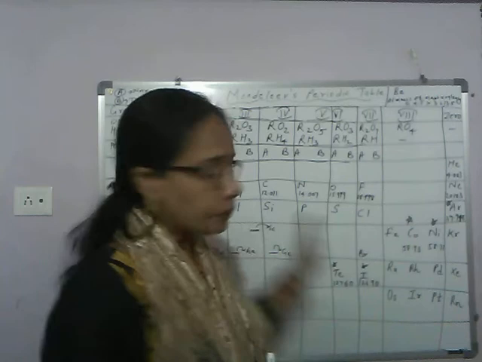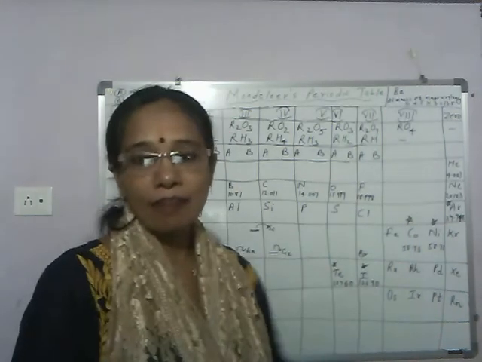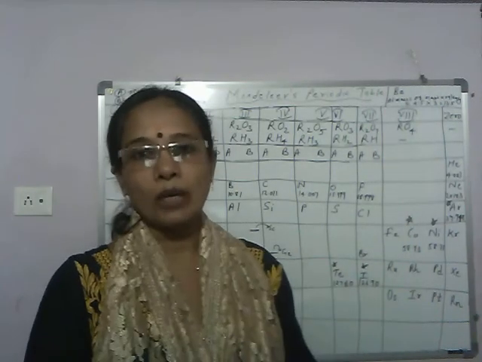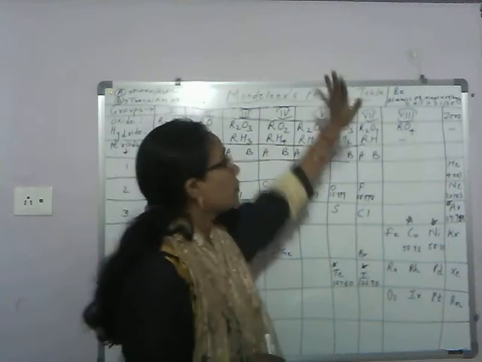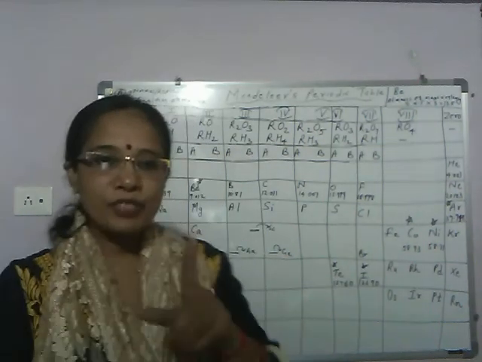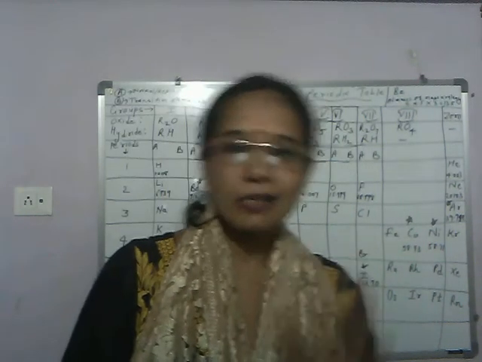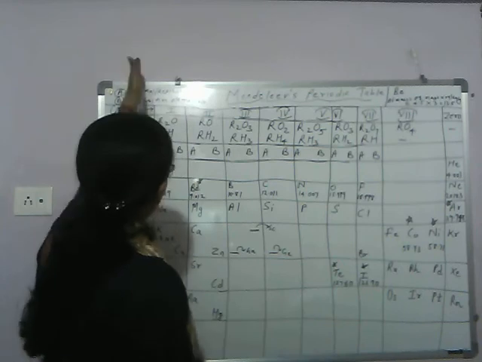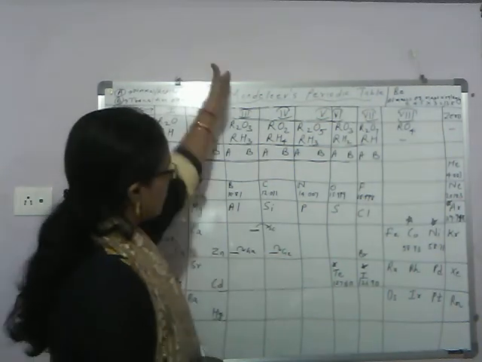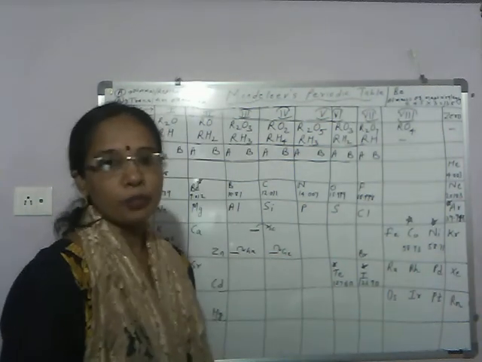So based on all this, he developed a table that is called Mendeleev's periodic table. Mendeleev's periodic table consists of 8 vertical columns. Vertical means top to bottom.